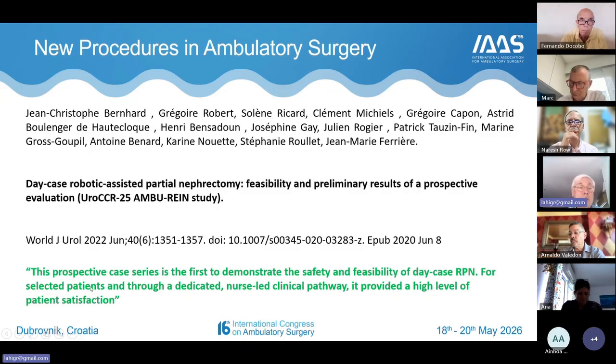And the conclusions were: this prospective case series is the first to demonstrate the safety and feasibility of day case robotic-assisted partial nephrectomy in selected patients, and through a dedicated nurse-led clinical pathway, it provides a high level of patient satisfaction.